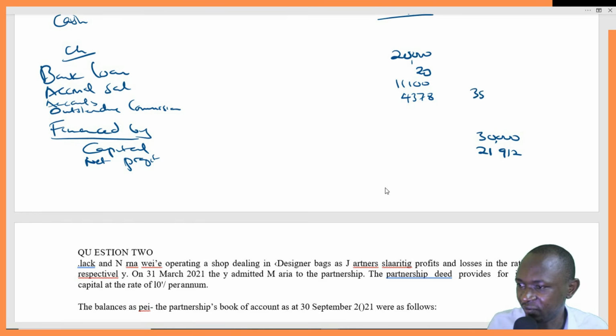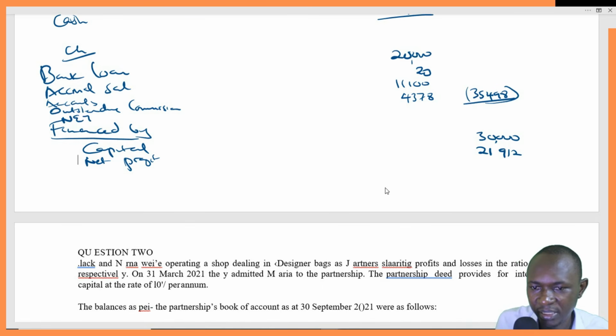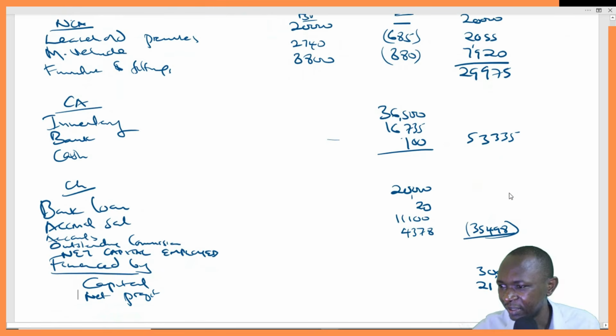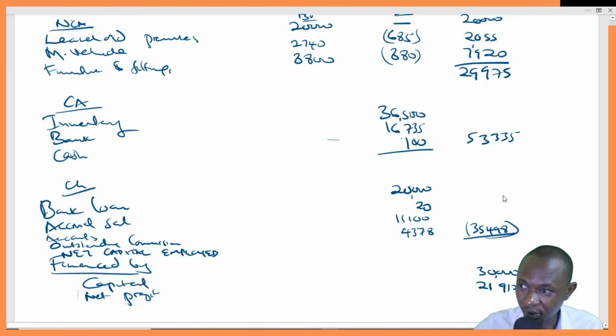35,498. Very tricky question. So this is net capital employed. And it's very good so that you can see how these questions are set. Very important, so that you just don't assume things to be normal, especially in an exam setup.